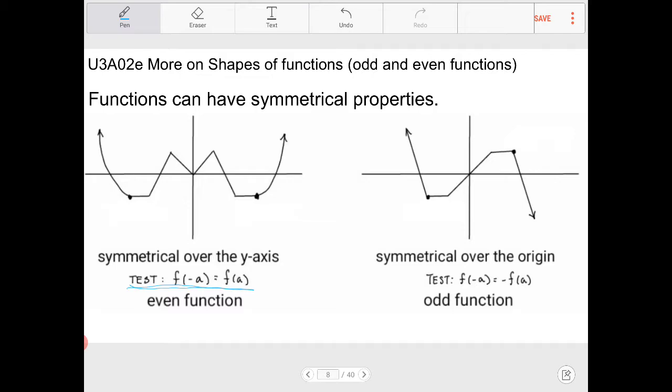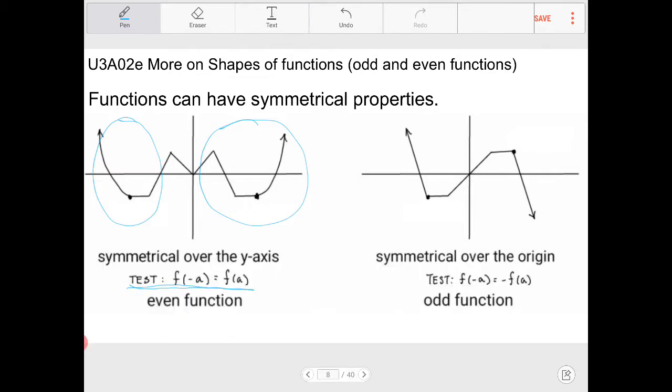Well, if I take any positive value of x and evaluate the function, and if I take the same exact value on the other side, the negative value of that same x coordinate, what I should end up with is the same exact y coordinate. That's what this test is saying.